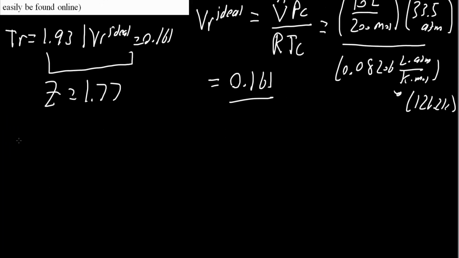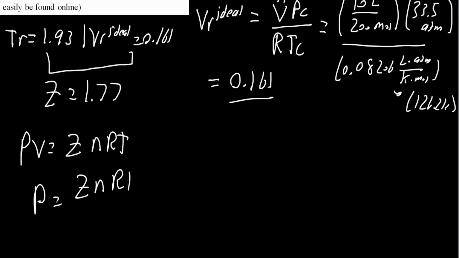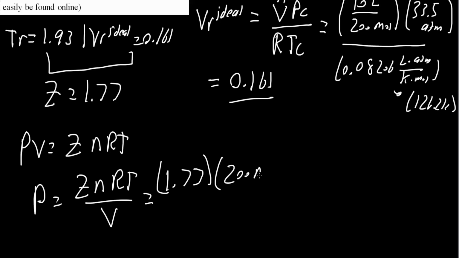And now we use the typical PV equals nRT formula. However, it's going to be PV equals Z nRT, and we will solve for P. So P is equal to Z nRT divided by V. We said that Z was 1.77, times n, which we got as 200 moles, and R we had was 0.08206 L ATM per K mole.